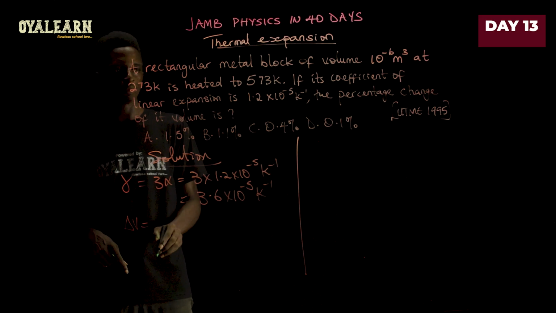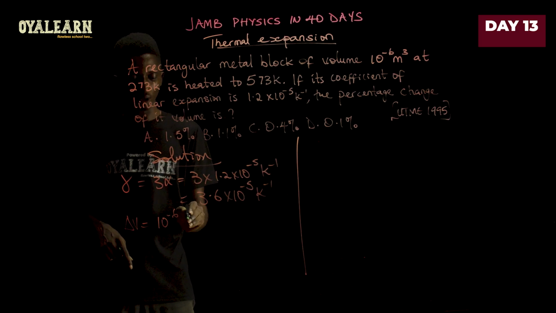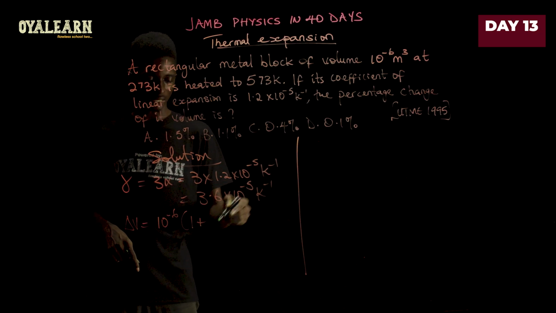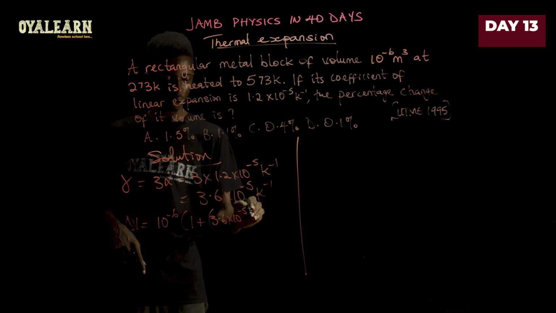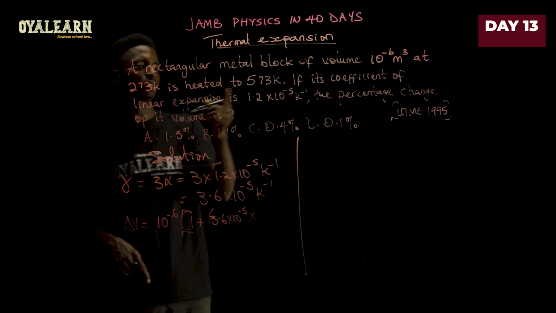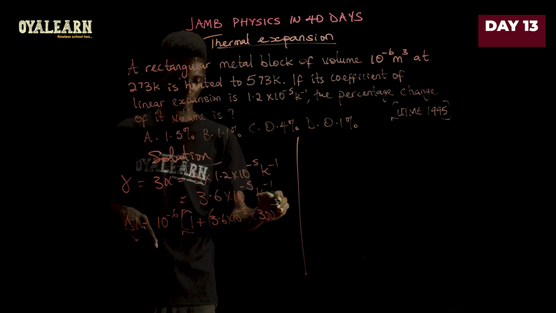Now the change in volume will be the initial volume, that's 10 raised to the power minus 6, multiplied by 1 plus, now cubic expansivity, which is 3.6 times 10 raised to the power minus 5, multiplied by the change in temperature. So since we're going from 273 to 573, you find the difference here, that will give you 300.